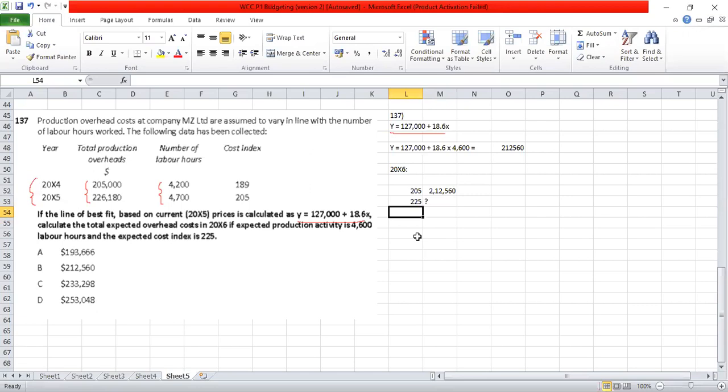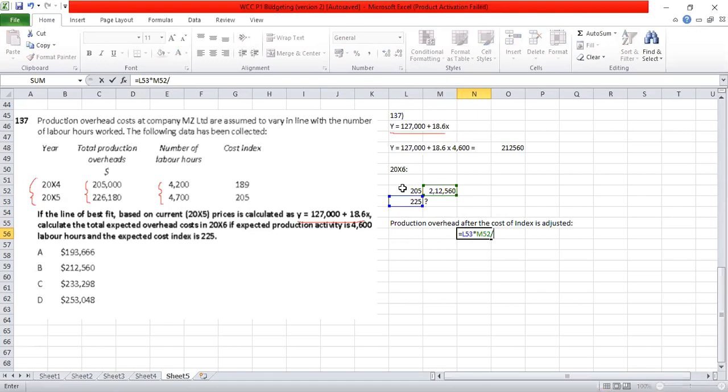So proportionately change that. Okay, 233,298.